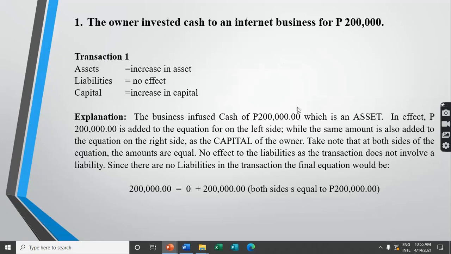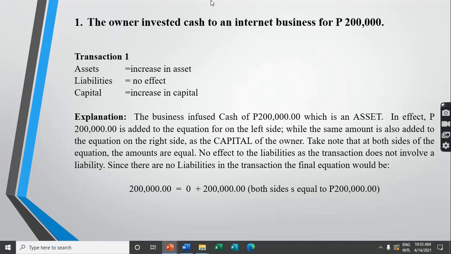Now, i-analyze natin yung binasa natin kanina na transaction. So, isa-isahin natin. Number 1, the owner invested cash to an internet business for 200,000. Si owner daw nag-invest ng cash para sa kanyang internet business worth 200,000.